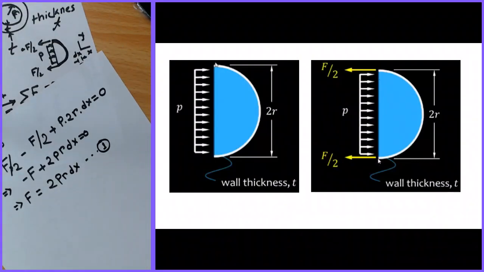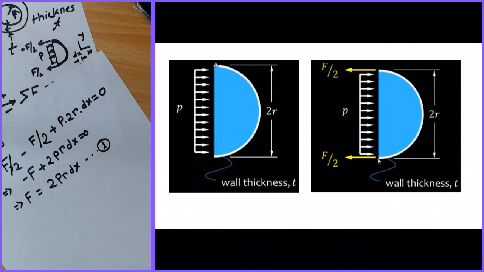So F is twice P r dx, and what is the area? There is another area.